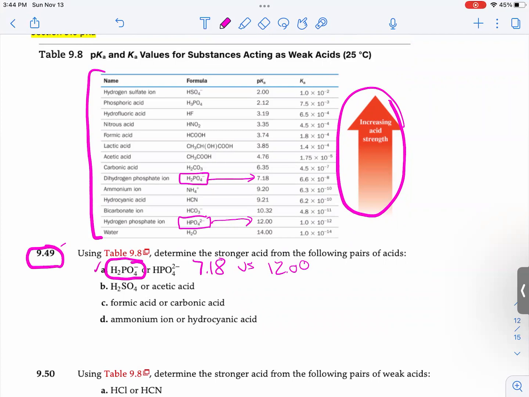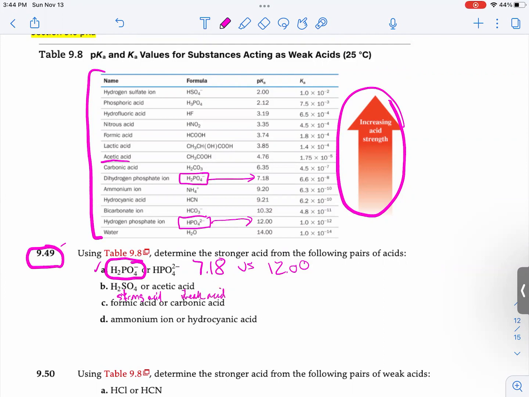B, H2SO4 or acetic acid. We know if you look at your strong acid table that we have a strong acid here. And we know that acetic acid is a weak acid. So you don't even have to look for this one.